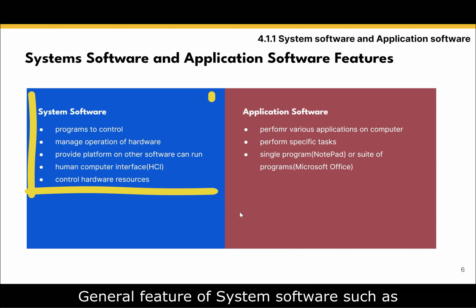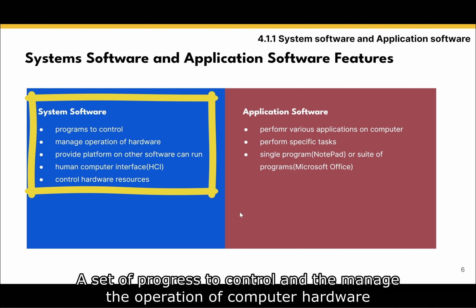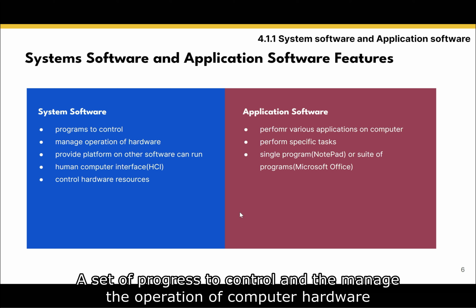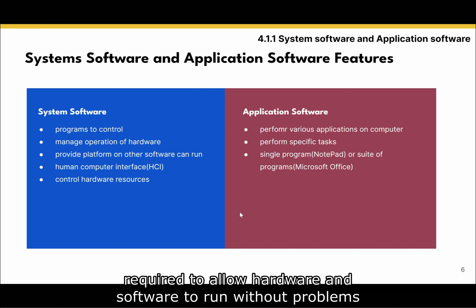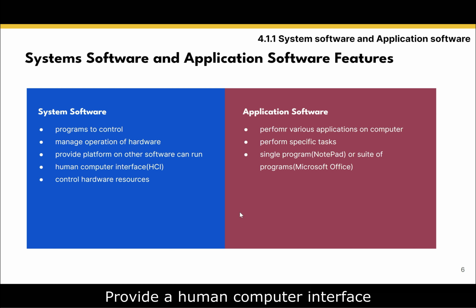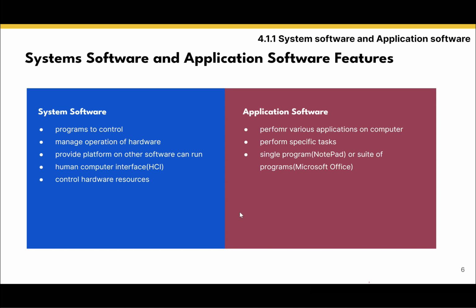General features of system software: a set of programs to control and manage the operation of computer hardware, provide a platform on which other software can run, required to allow hardware and software to run without problems, provide a human-computer interface, and control the allocation and usage of hardware resources.